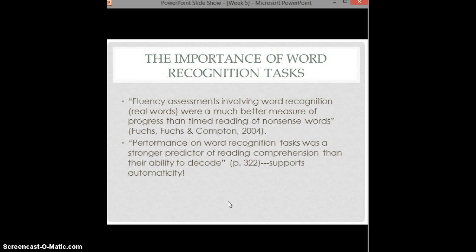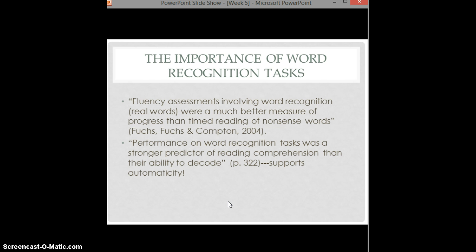And then performance on word recognition tasks is a stronger predictor of reading comprehension than their ability to decode. Again, it really emphasizes that automaticity piece. You can't just have the skills to sound out words because there's lots of words you can't sound out, and even those words that you can decode, you have to read fluently and at a good pace in order to have good comprehension.